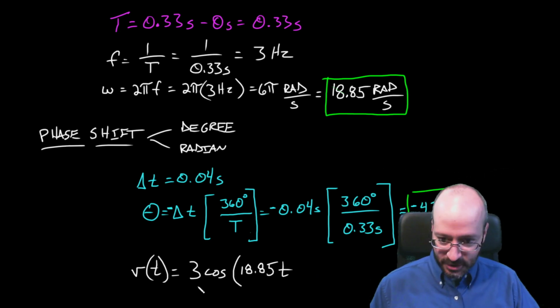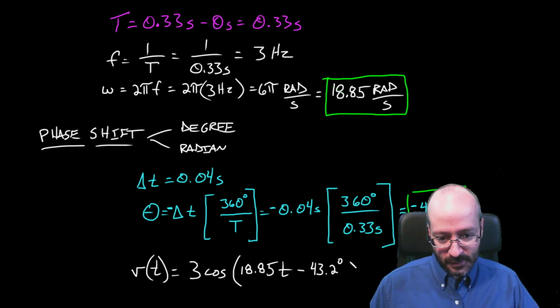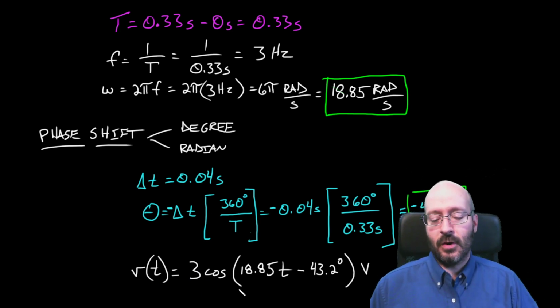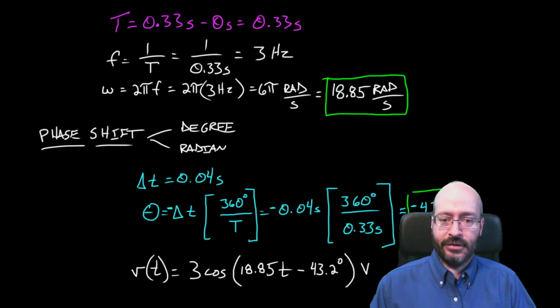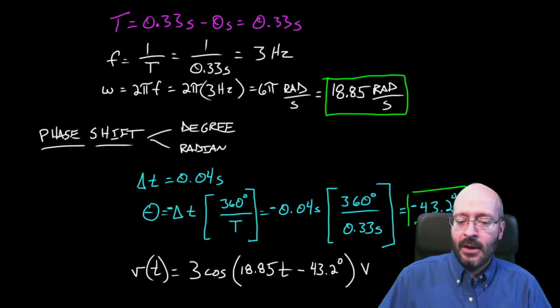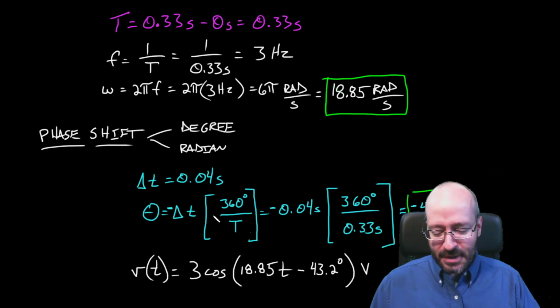Because the function is a function of t, minus 43.2 degrees. What was the unit on the magnitude over here? It was in volts peak. We assume peak when we see this form, so we can just say that's in volts. It's not in millivolts, it's not in kilovolts, anything crazy like that. So hopefully we did that right. I'm pretty confident I did.